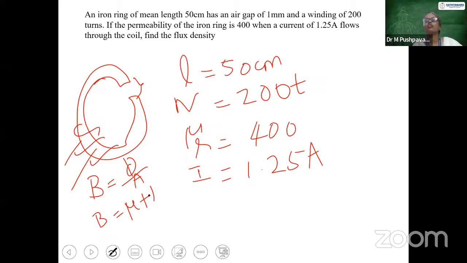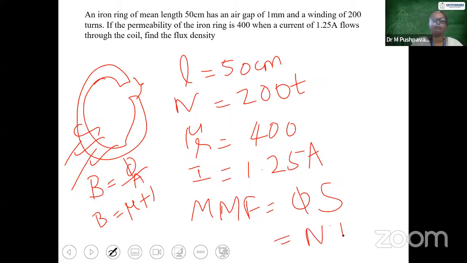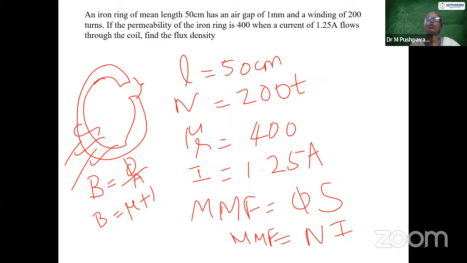So first we find out the total MMF. What is the formula for MMF? We have flux into reluctance, phi into S, or MMF equal to N into I. First you find out the total MMF, N into I. What is my N value?